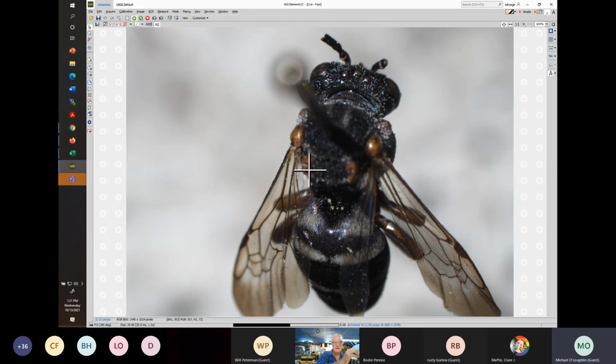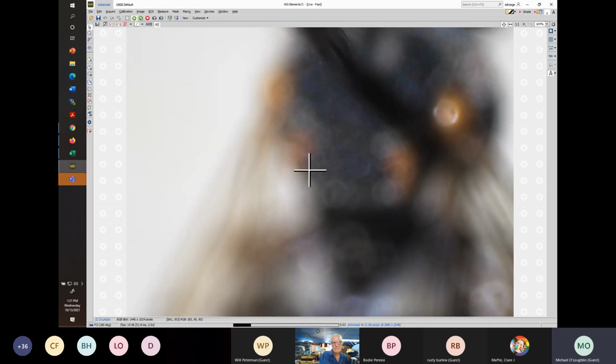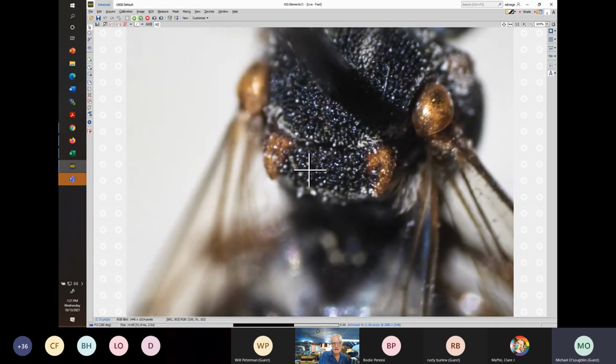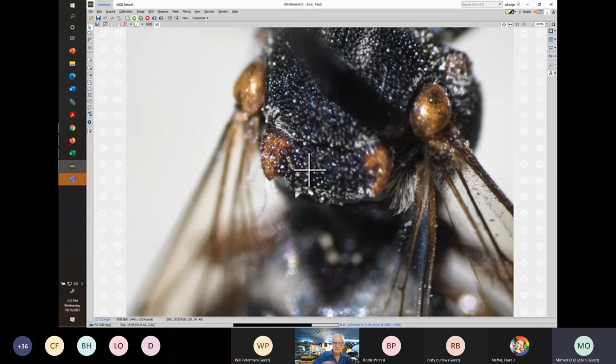You have the axillae here that are projecting out. And in Epeolus, the amount and shape and cutoutness and all kinds of things of the axillae become incredibly important.